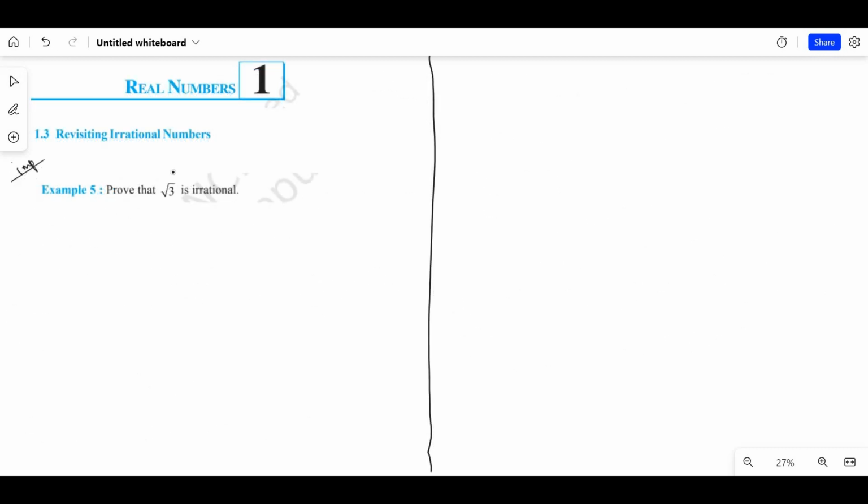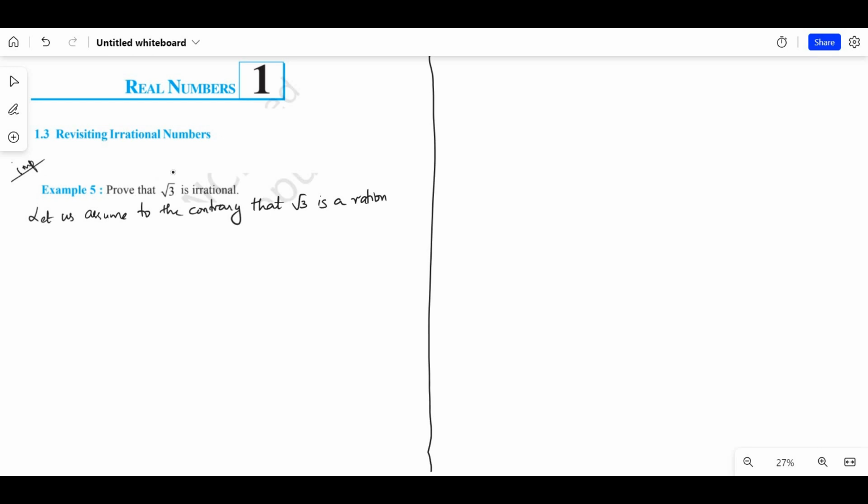Example number 5, prove that root 3 is irrational. This is similar to how we have done root 2 is irrational. So this proof is based on a technique called the proof by contradiction. So let us assume to the contrary that root 3 is a rational number.